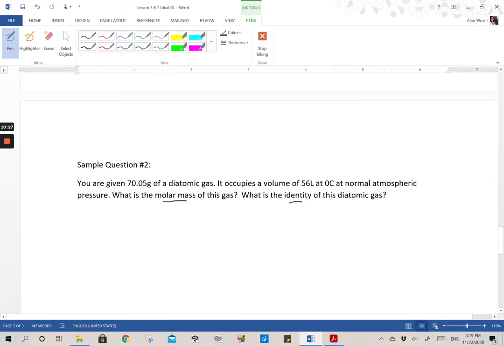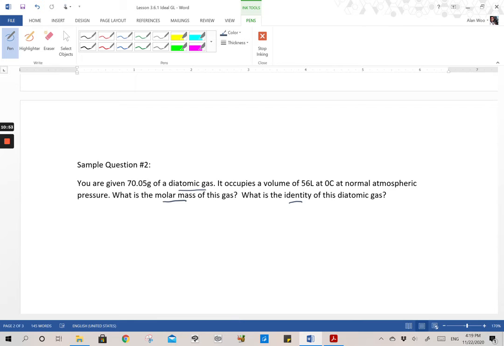So in this question, you are given 70.05 grams of a diatomic gas. Diatomic again means that these atoms don't like to be by themselves. They're always paired up with another atom of the same kind. So something like oxygen wouldn't just be a single oxygen, it would be O2. As a gas, it always occurs as O2.